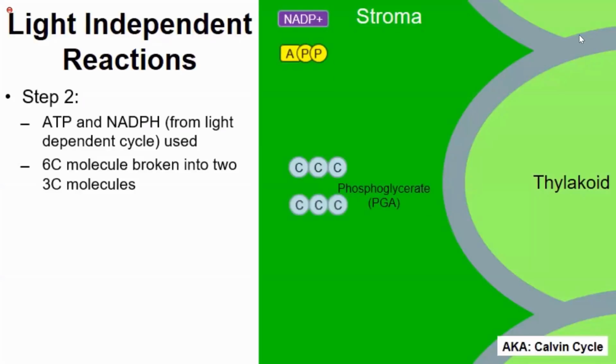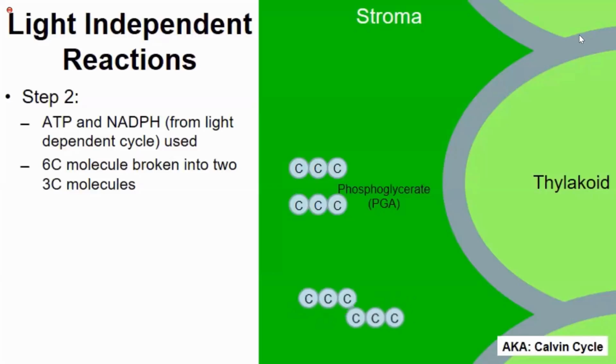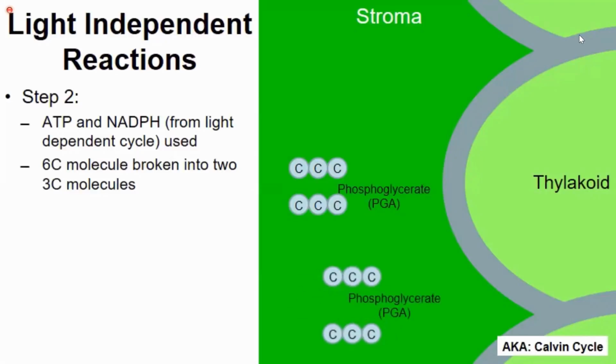And by the way, the NADP and the ADP that are left over will be reused and recycled in the next light-dependent reaction. And so this happens multiple times. Here's another short-lived 6-carbon molecule broken down by NADPH and ATP to make 2 more molecules of phosphoglycerate.